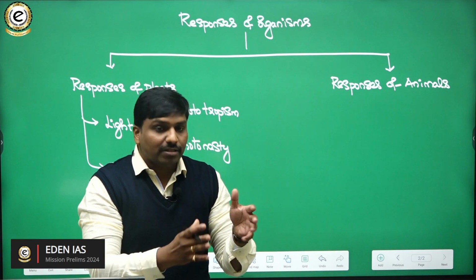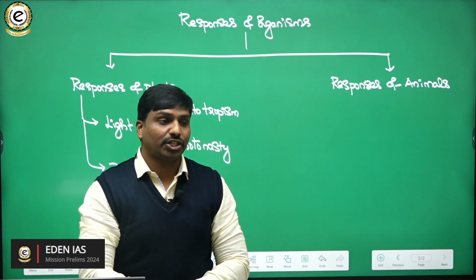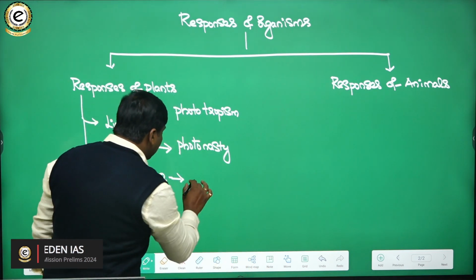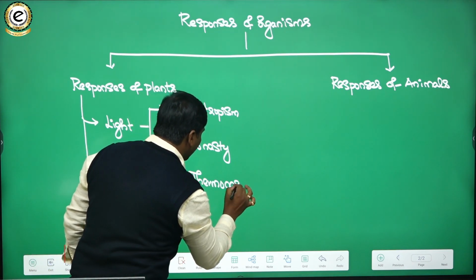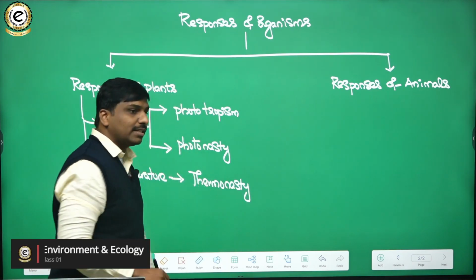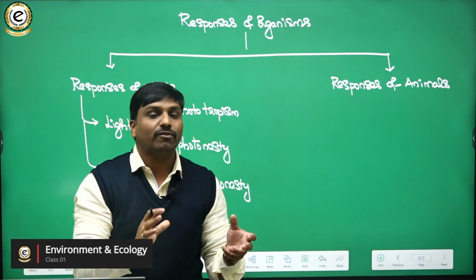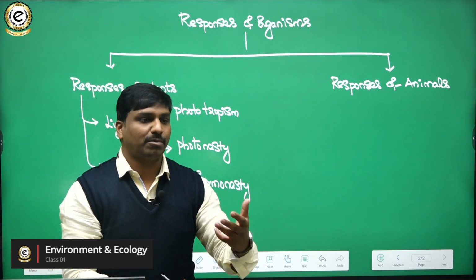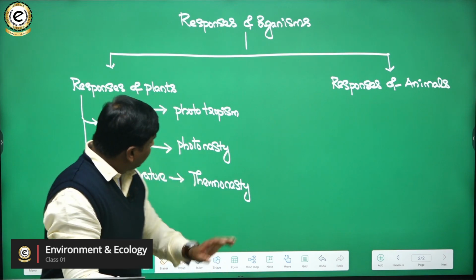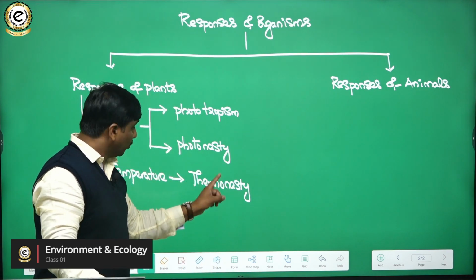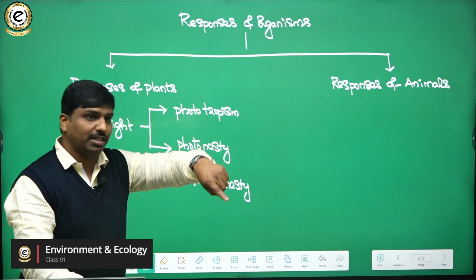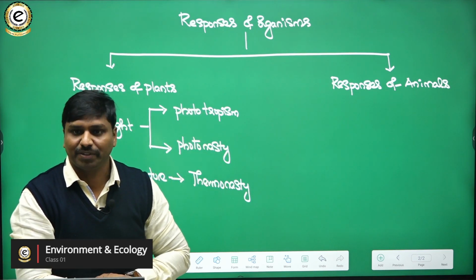The response that plants give to temperature is thermonasty. Nasty means a kind of shyness, or we can say a kind of response. Thermo means temperature. The response of a plant towards temperature as the stimulus is thermonasty. Can you follow that?